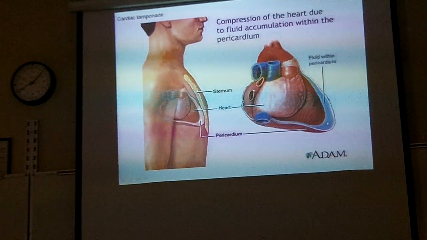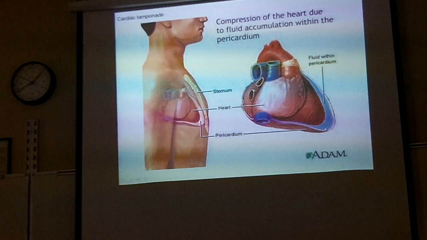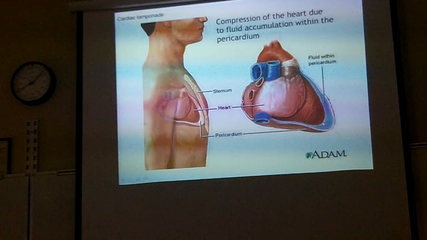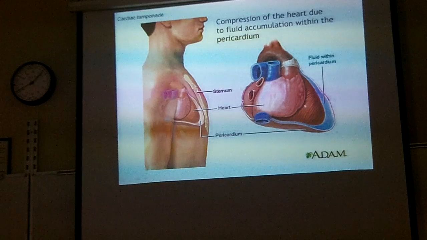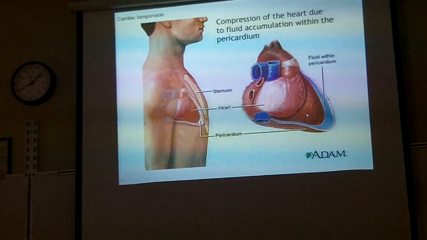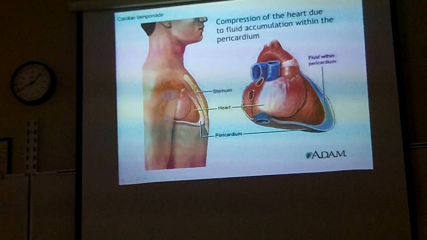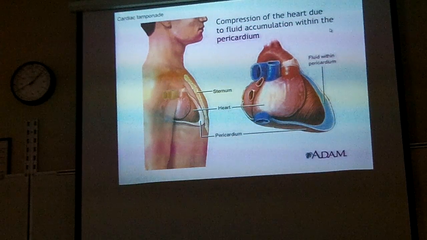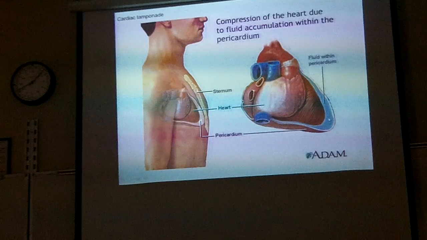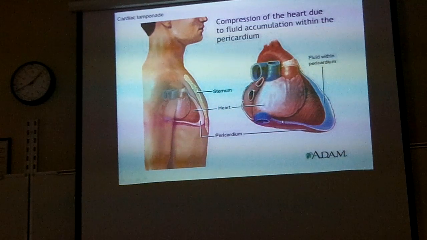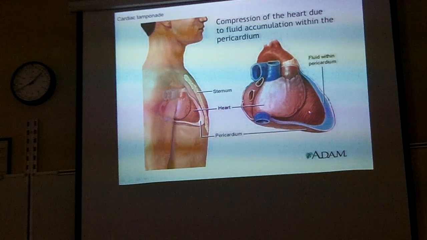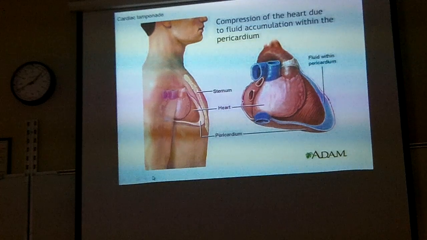But here there's fluid in there, building up and pushing on the heart. It's compressing it. That's a cardiac tamponade. That might happen because of an infection or something like that. I'm not sure why it happens, but it can happen.